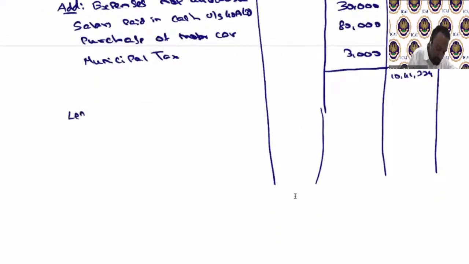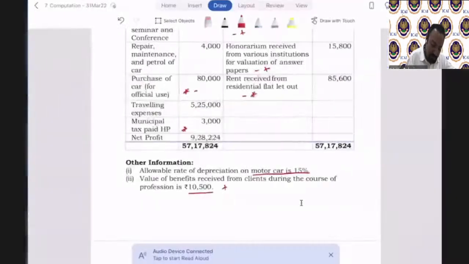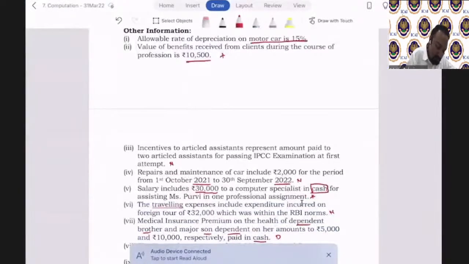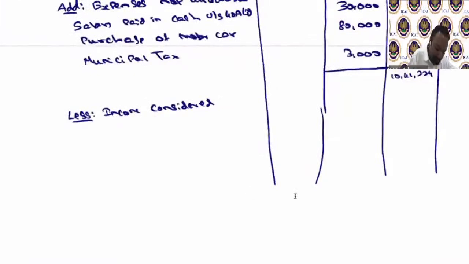Step 2 is less income considered. There is only one income that needs to be considered. That is the value of benefits from client. Value of benefits in kind.